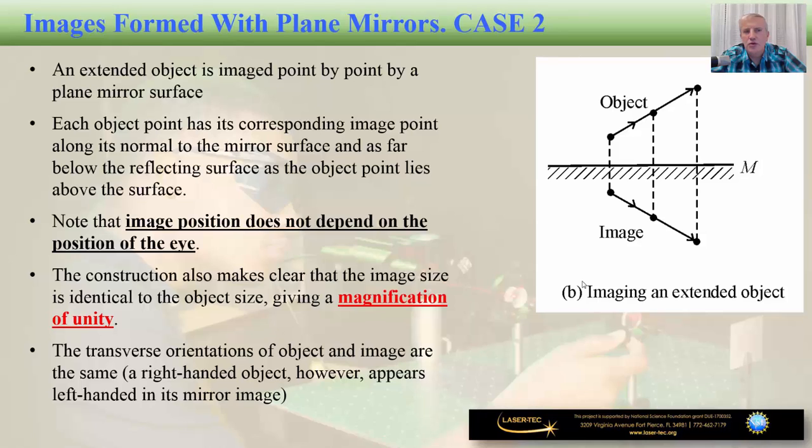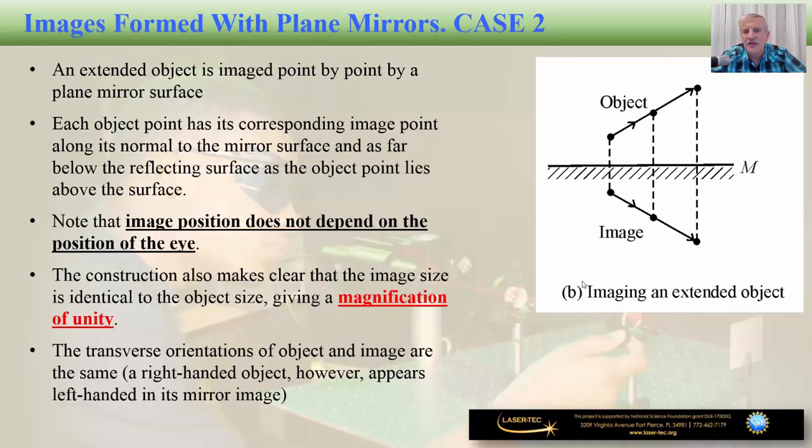It is important to note that the image position does not depend on the position of the eye. The construction also makes clear that the image size is identical to the object size, giving a magnification of unity. This applies to planar mirrors. So if you have a planar mirror, the size of the image and the size of the object are the same.